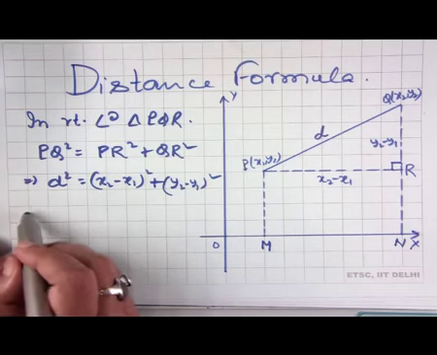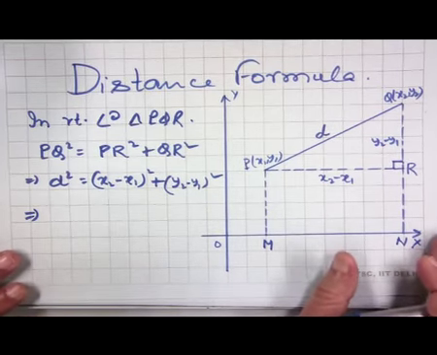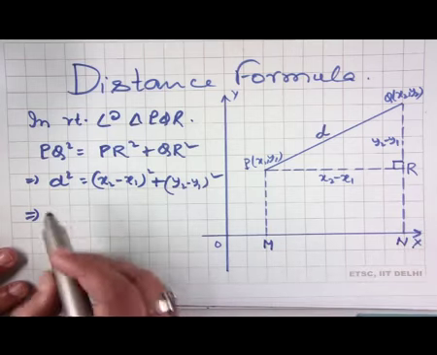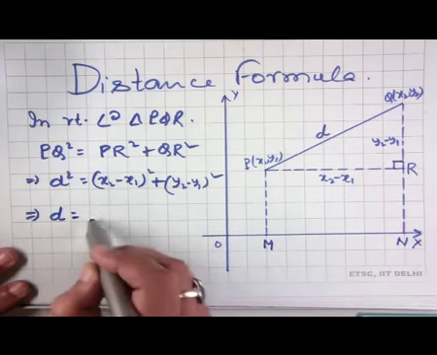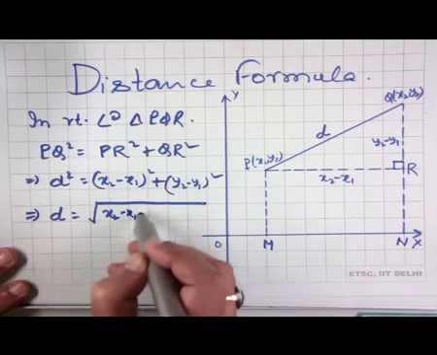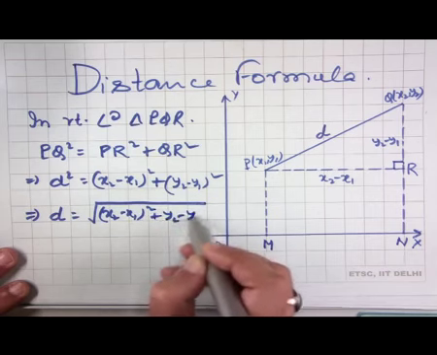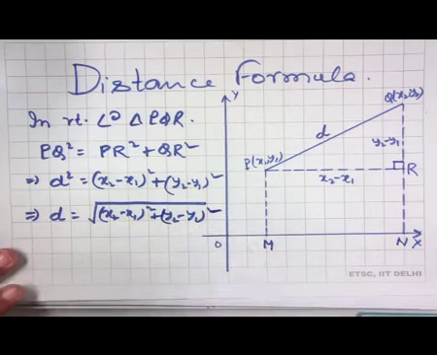And we know that distance is an absolute quantity, it is never negative. So we take D as the square root of (x2 minus x1) whole square plus (y2 minus y1) whole square.